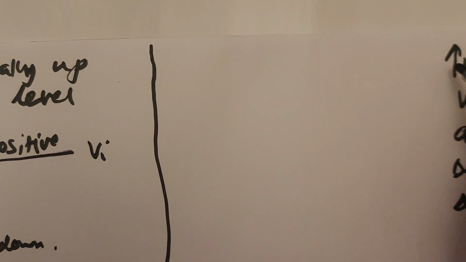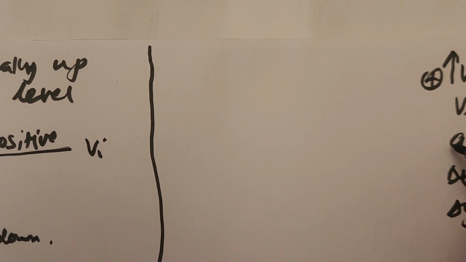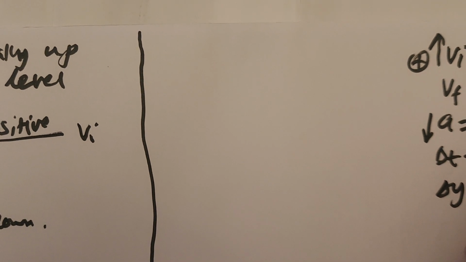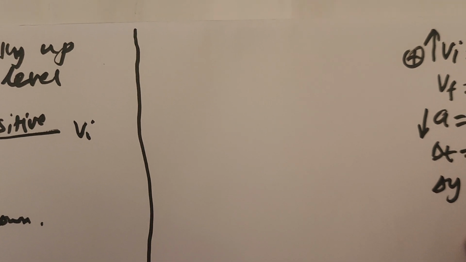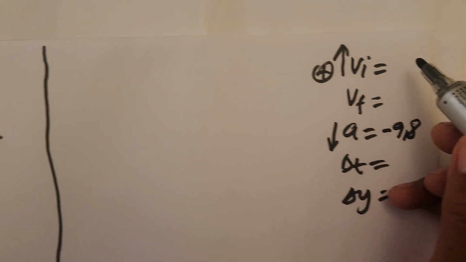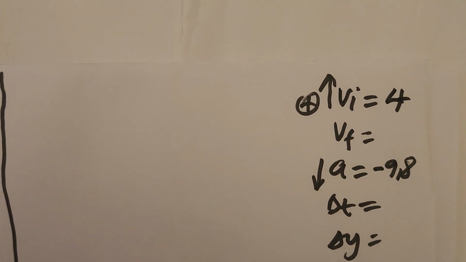The stone is thrown vertically up, therefore I'll take upward as positive. Because A is downwards, A will now be negative 9.8. And then VI is given according to the statement. It's said to be 4 meters per second.